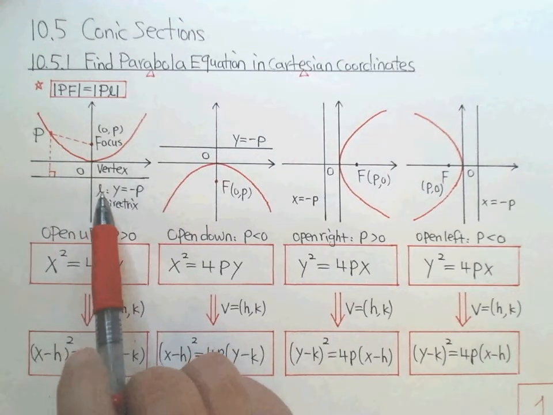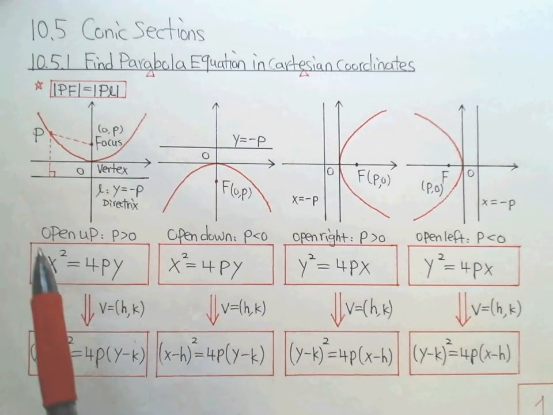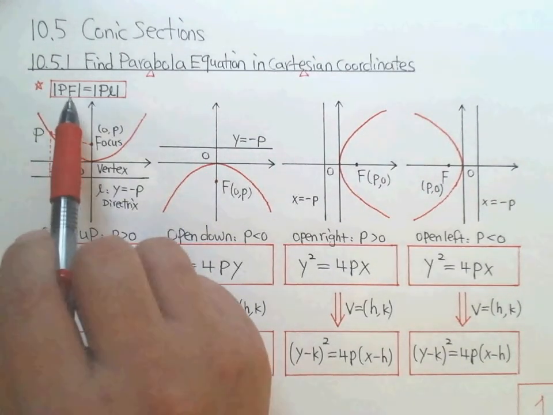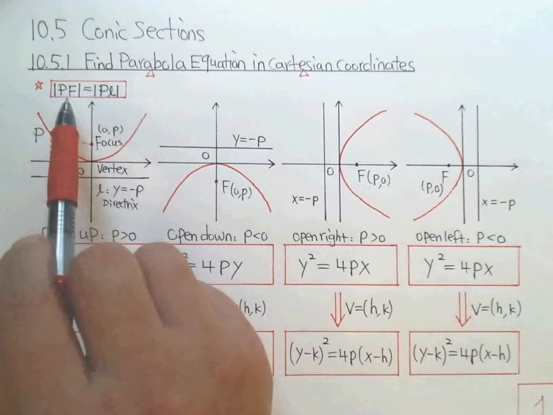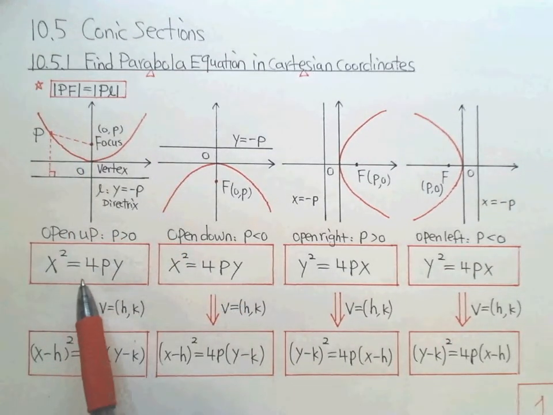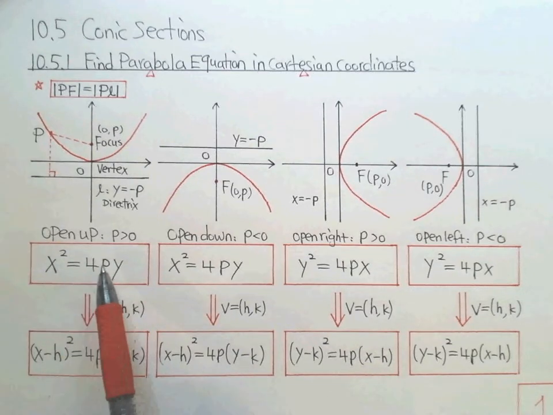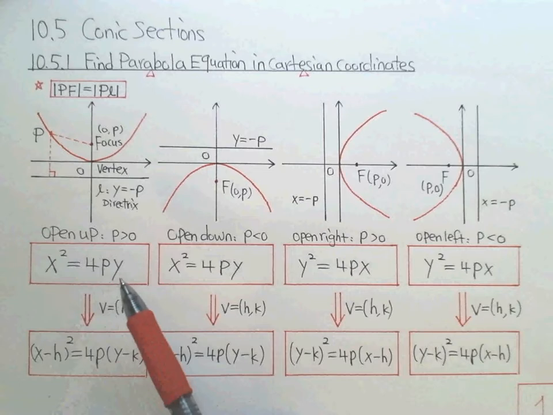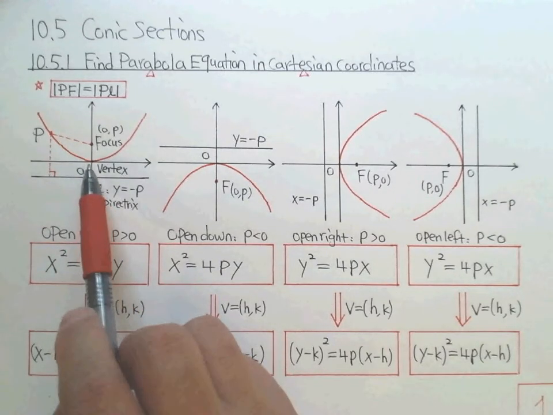If you follow this definition and do some calculation, we will definitely get this standard equation: x squared equals 4py. The special case is that the vertex is at the origin.